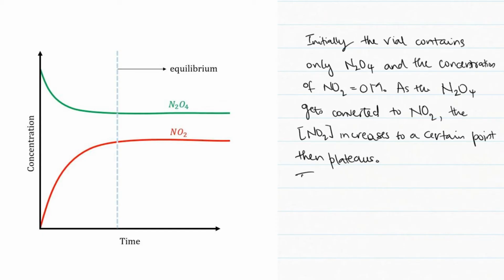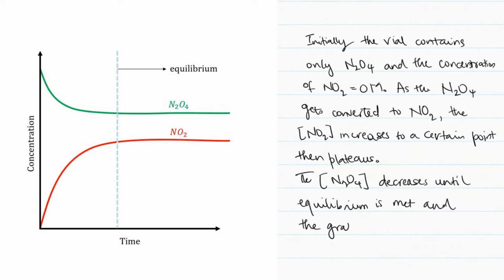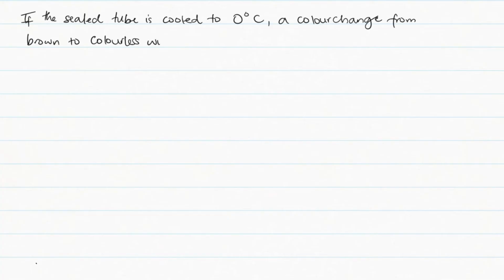When the equilibrium is met, the concentration of the reactants and the products remain constant, but not necessarily the same. The concentration of dinitrogen tetroxide decreases until the equilibrium is met, and that part of the graph plateaus as well.